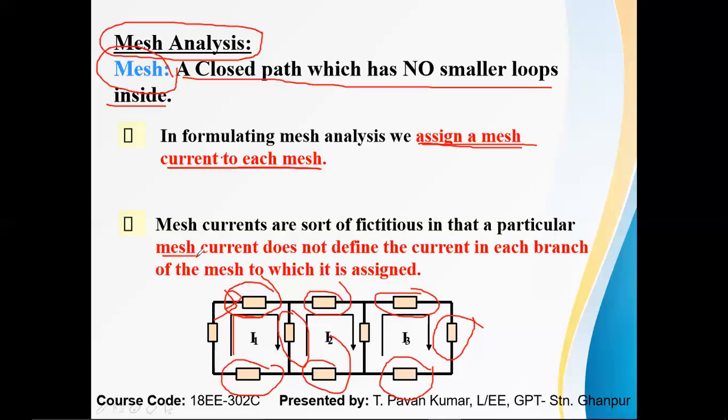That means the loop current or the mesh current is not equal to the branch currents. If I say the branch current is IB, and my mesh current is I1, they are not equal. IB is not equal to my mesh current I1. Why? Because I1 is an assumed current based on this mesh, I2 is based on this mesh, I3 is based on that mesh.